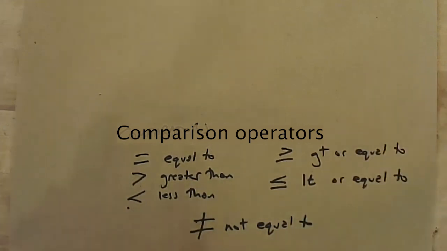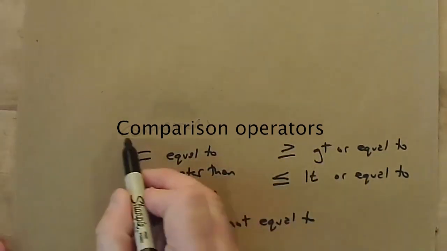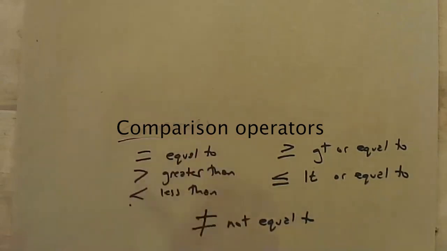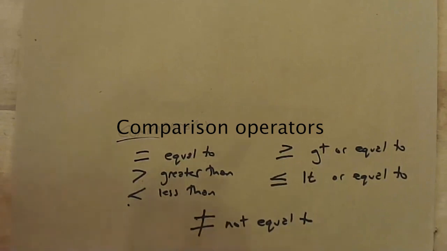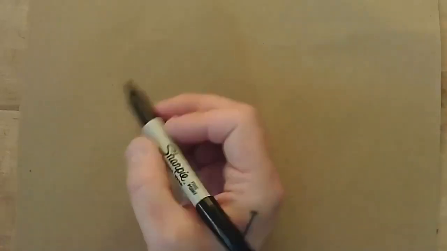So basically, these are used to compare two different numbers. Oftentimes we'll use a variable. We haven't got into that yet, but we'll talk about that momentarily. So with those in mind, let's look at some statements. When we are using these, we're often going to be using them inside of our conditional statements, right?